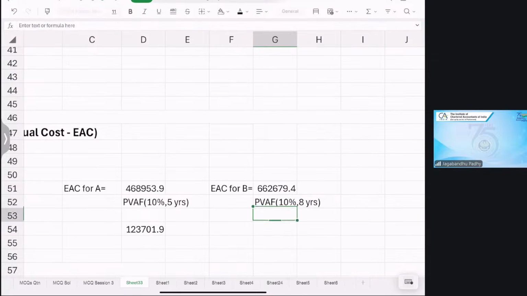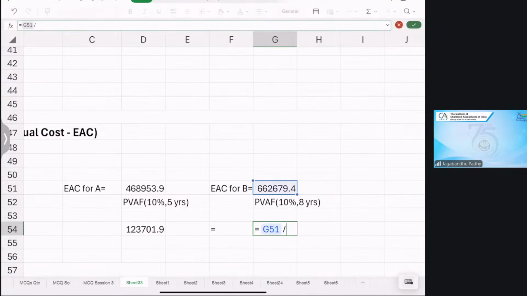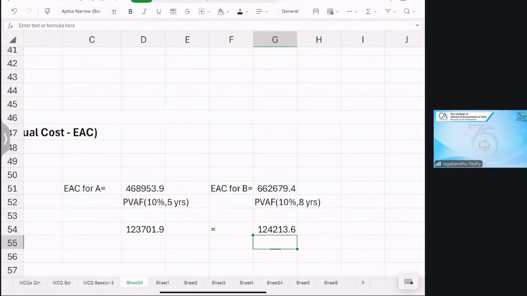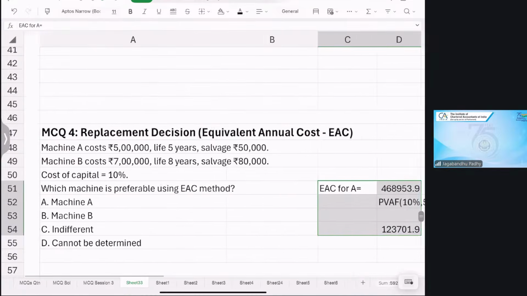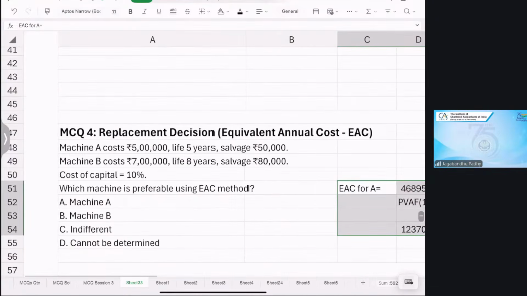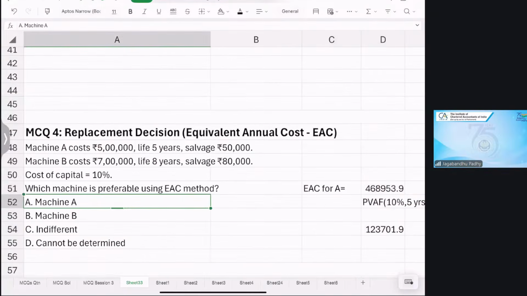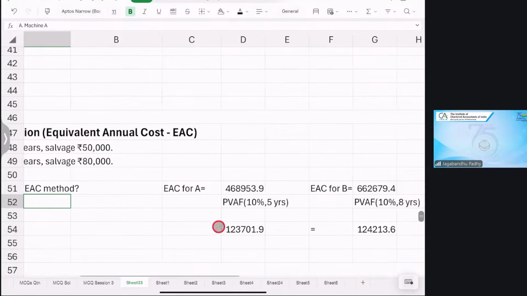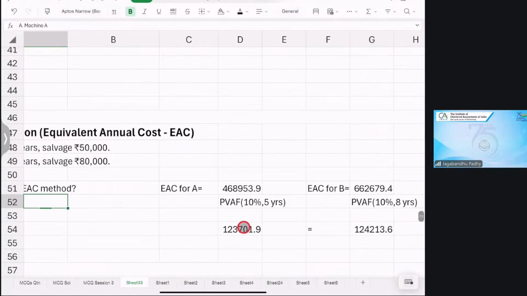And this is also going to be divided by the PV annuity factor at 10% for 8 years, which is 5.335. Okay, so 124,213. So which one of them is having a lower equivalent annual cost? Option A. Machine A is going to be preferred because it has a lower equivalent annual cost.